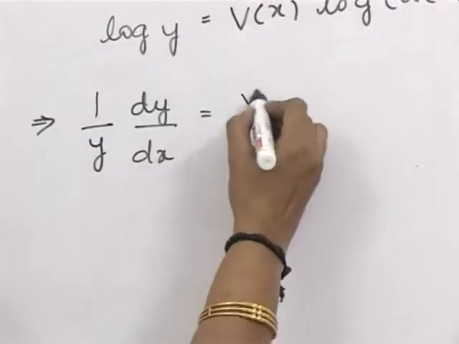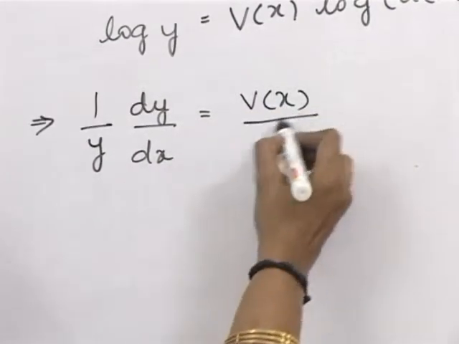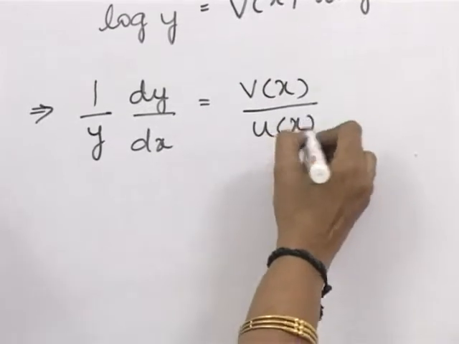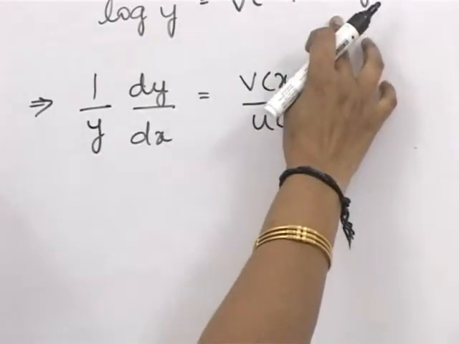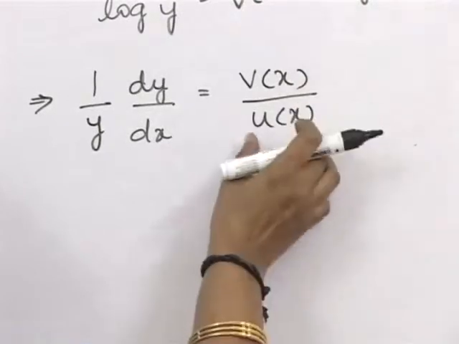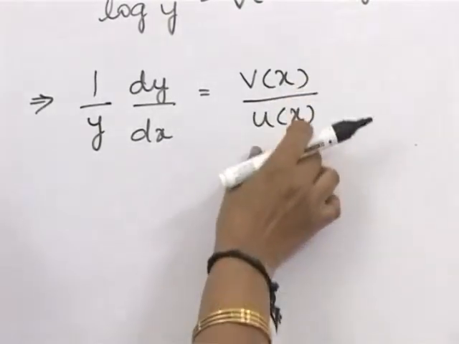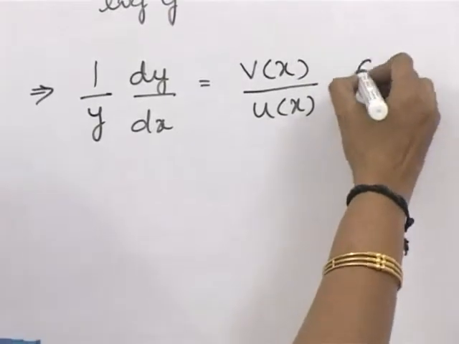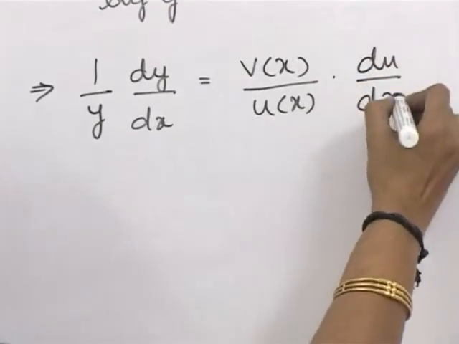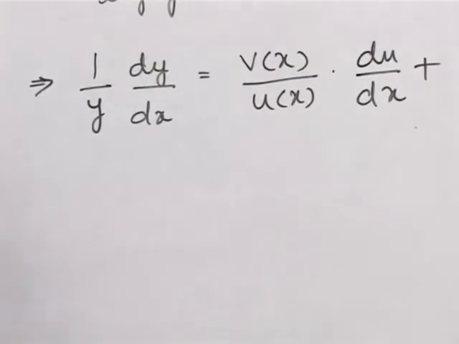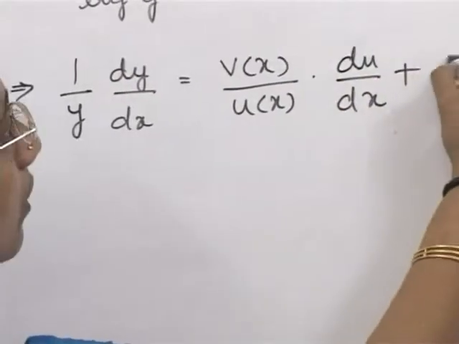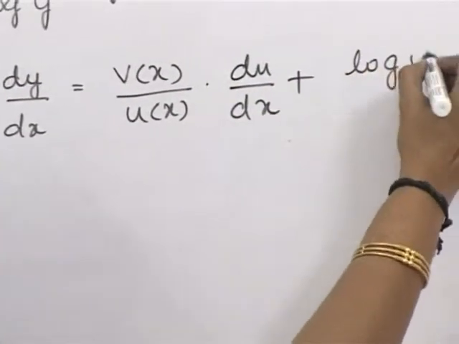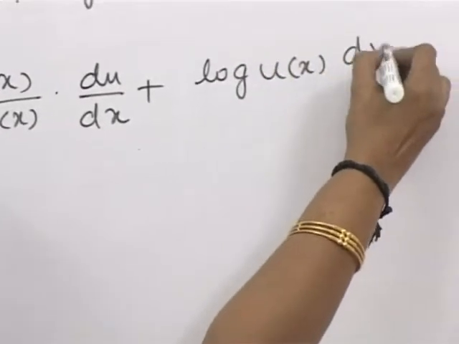So this is equal to v of x divided by u of x, because the differentiation of log function is 1 by x, so 1 by u of x into du by dx plus log of u of x into dv by dx.